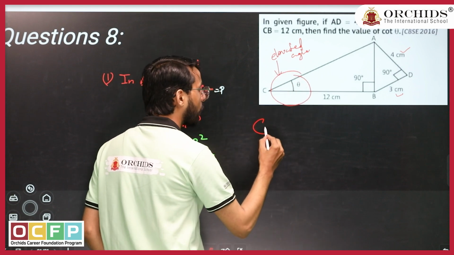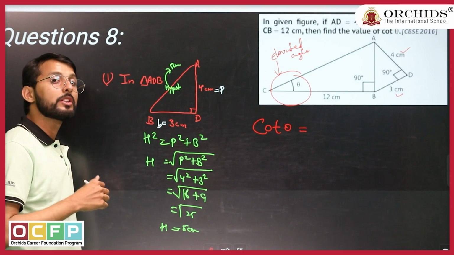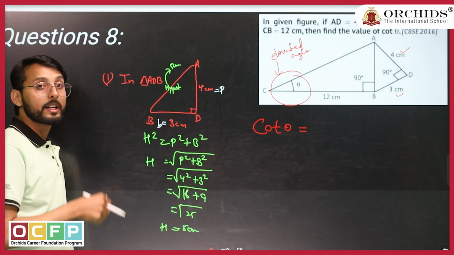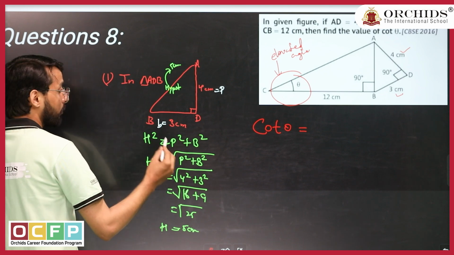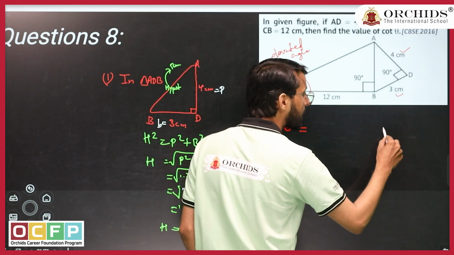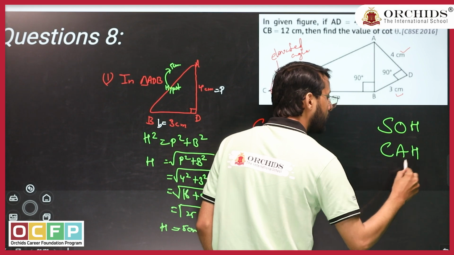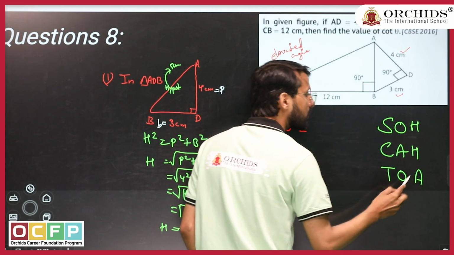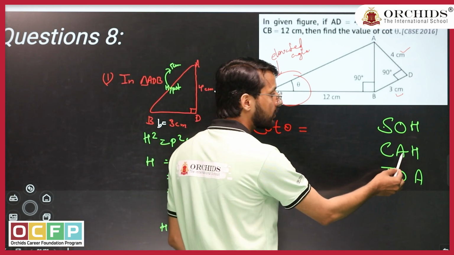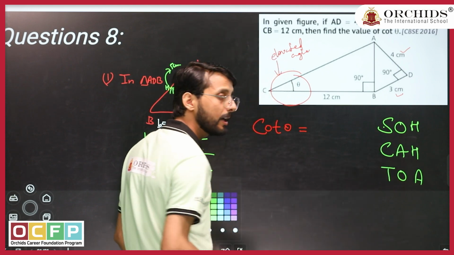We want to find cot theta. If you remember, cot is related to which trigonometrical ratio of the sides? In a right angle triangle, we know the formula you can remember with a trick: SOH, CAH, TOA. It means sine is equal to opposite by hypotenuse, cos is equal to adjacent by hypotenuse and tan is equal to opposite by adjacent.